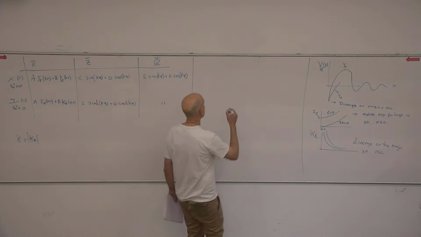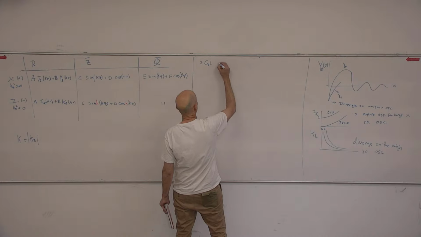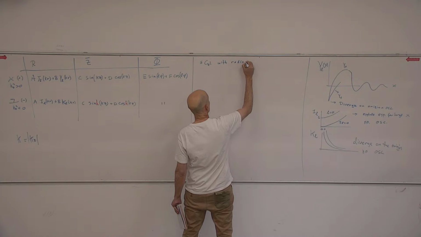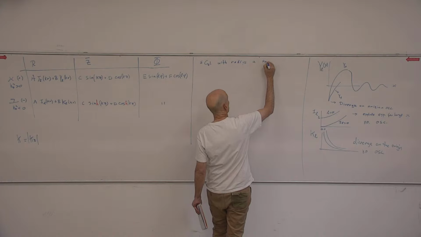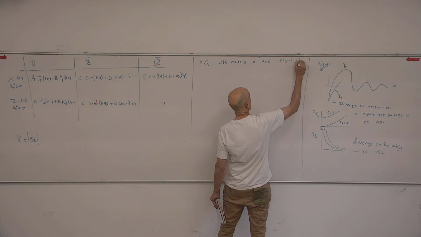And so we have, this is now an example, a cylinder with radius a, and height h.